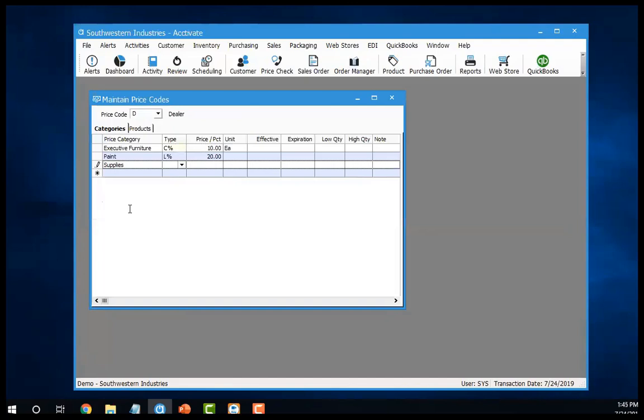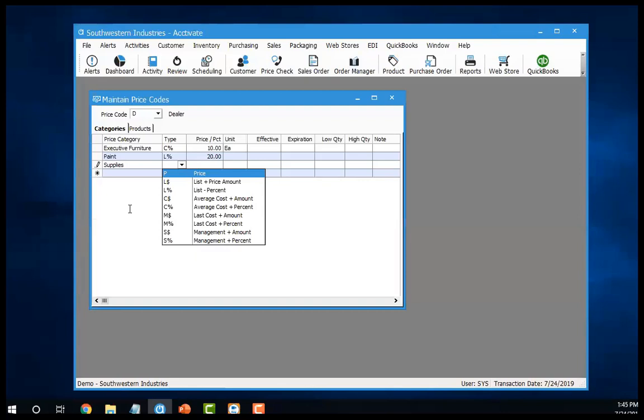Now, I would say if you're using pricing where you're setting category relationships with the price code, it seems unlikely that you would just use P as the price type, because unless every product within that price category is sold for exactly the same amount, the same price across the board, I would say it's more likely that you would use some sort of cost-based pricing.